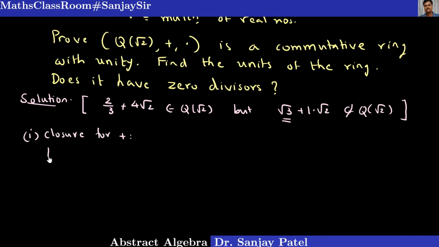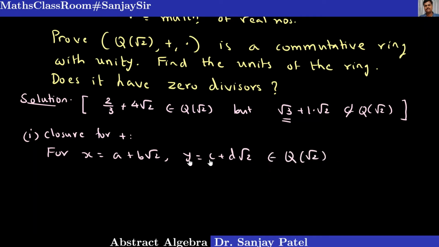If I take two elements from Q root 2, x of the form a plus b root 2 and y of the form c plus d root 2, then their sum x plus y is obviously a plus c plus b plus d times root 2.